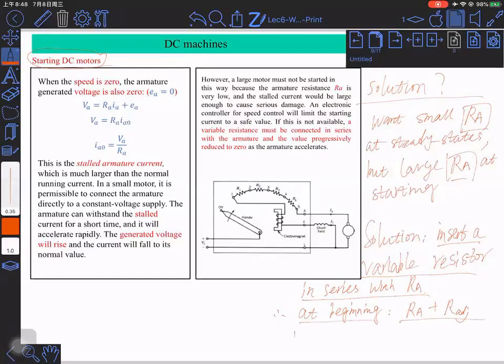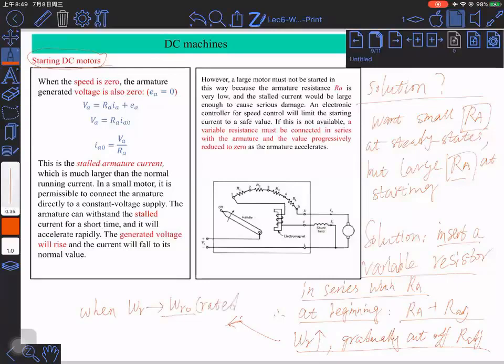And when the speed goes up, we gradually cut off this resistance, gradually cut off. And eventually, when ω_R reaches, say, rated speed, we totally cut off this adjustable resistor.